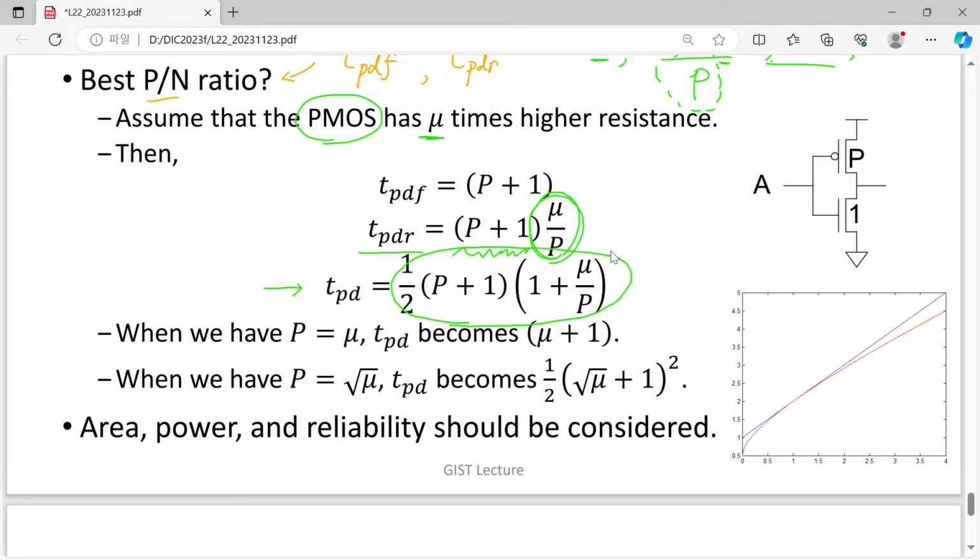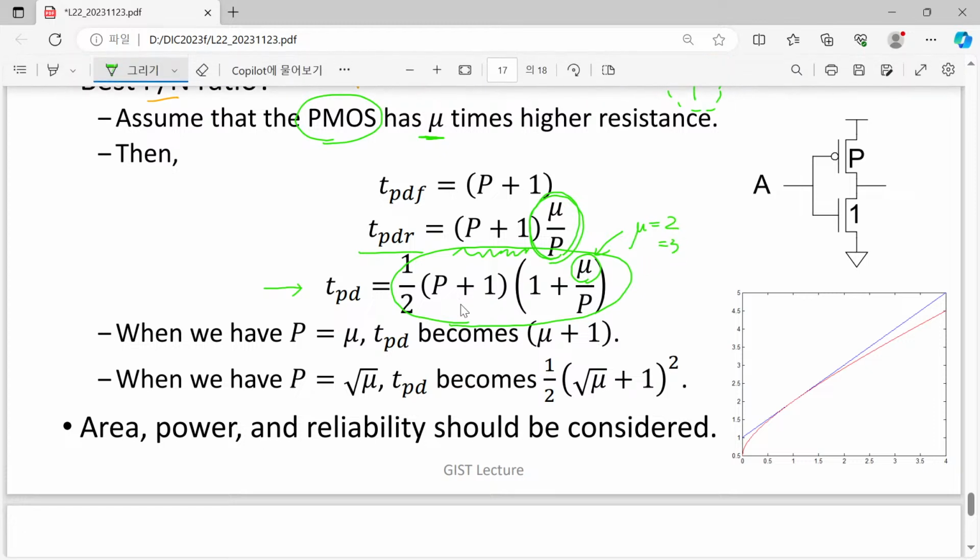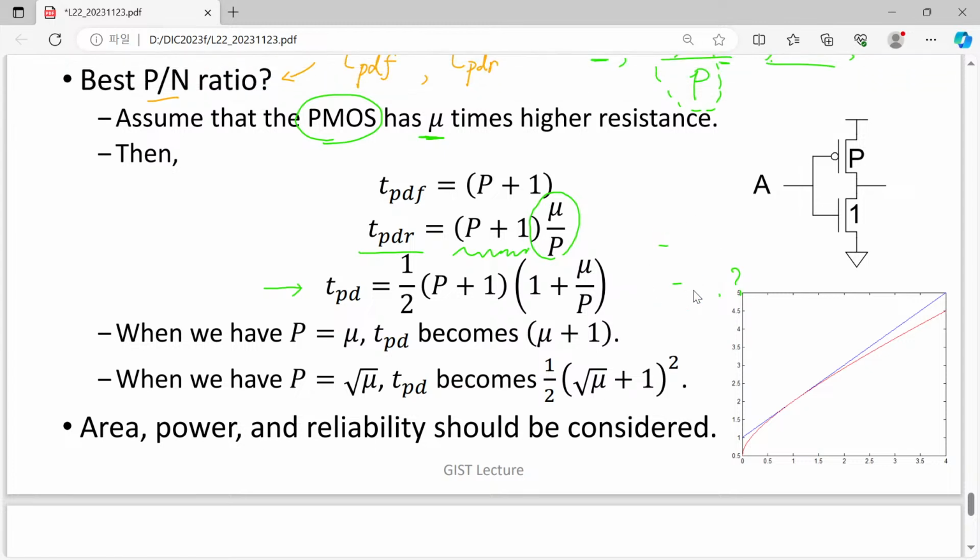So now when your mu value is given, like 2 or 3, then you can find out the best condition for your P value. What is the value for your P value? That you can do. So as a result of this consideration, you find this condition.